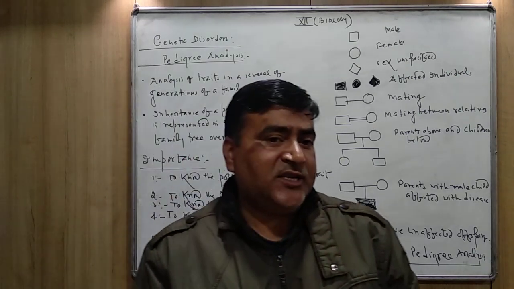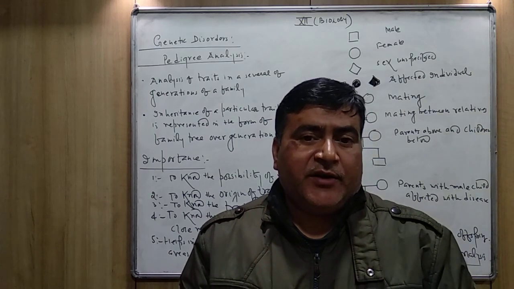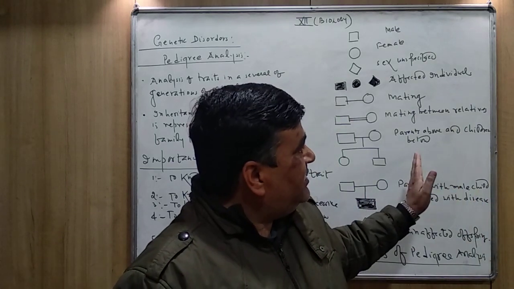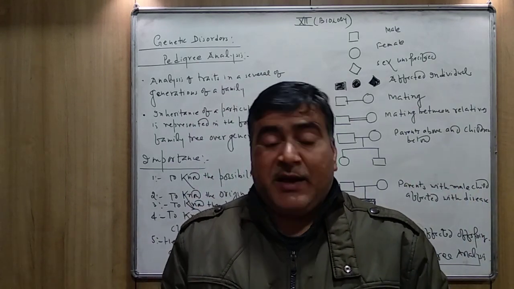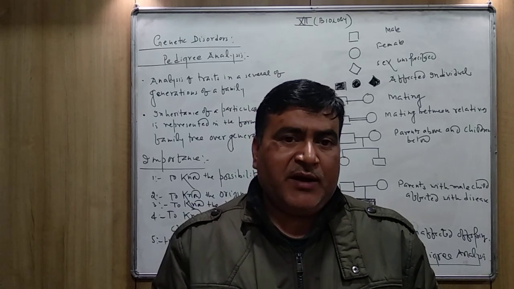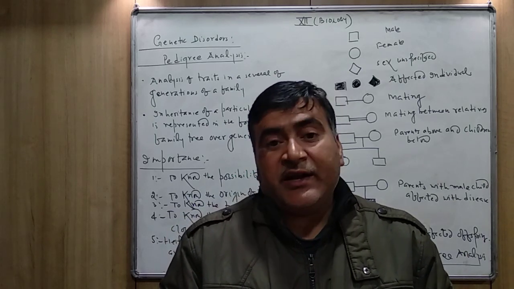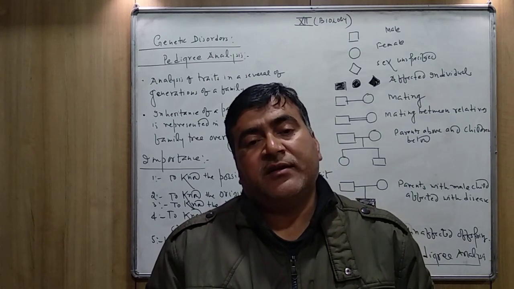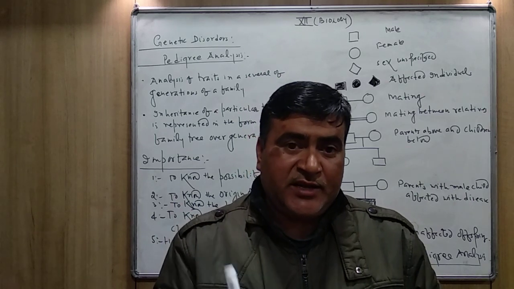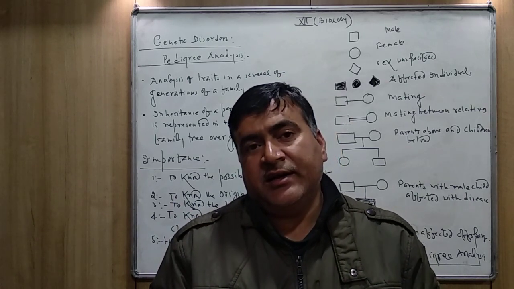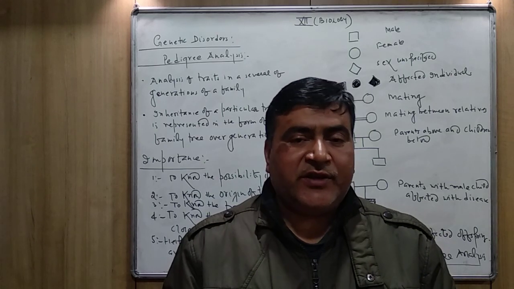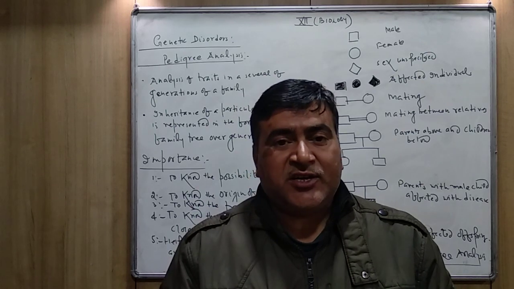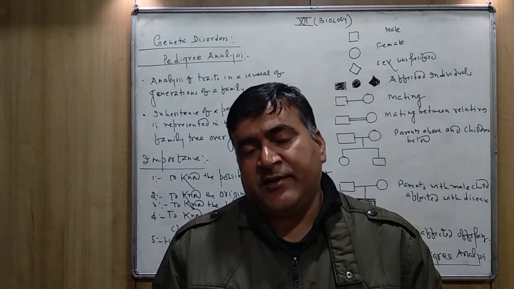Actually, in pedigree analysis, we make a family tree. Some of the symbols I will teach you. By making all these symbols and diagrams, you will get to know how a particular trait is running in the family, how a particular disorder, a disease like hemophilia, color blindness, phenylketonuria, alkaptonuria, thalassemia, so many genetic disorders are there.